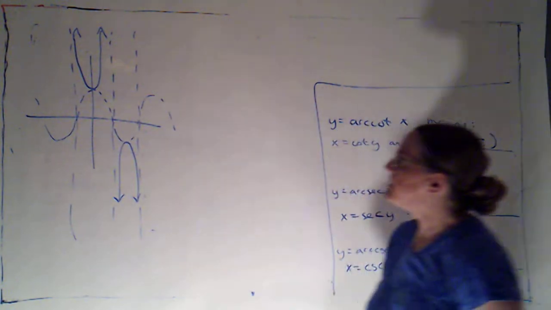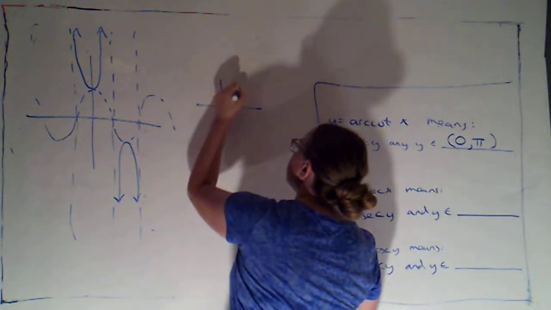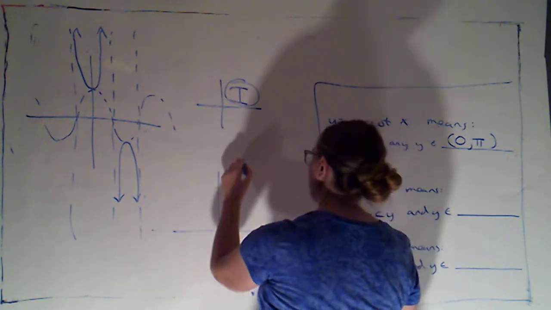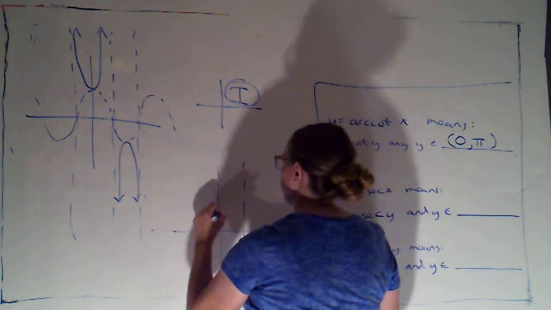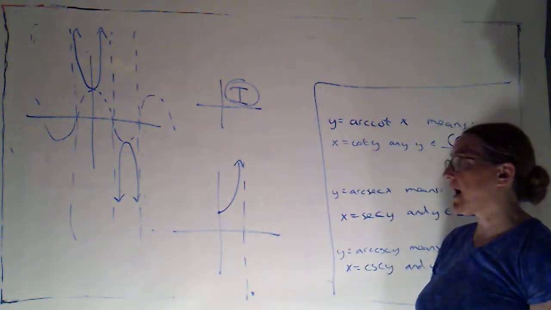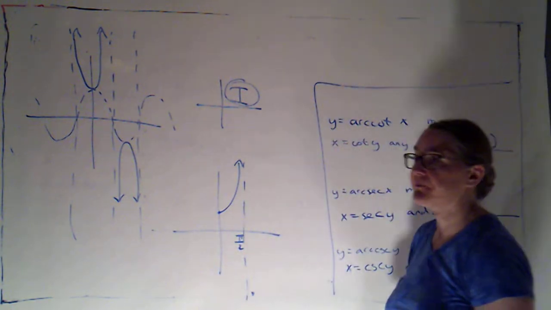Okay, so my graph looks something like that, and I want to think in terms of quadrants. I know I always want to keep the standard copy of quadrant 1, so that would be this section of graph going from 0 to pi over 2. Not including pi over 2, because there's an asymptote there.